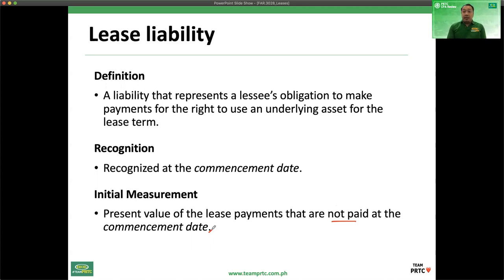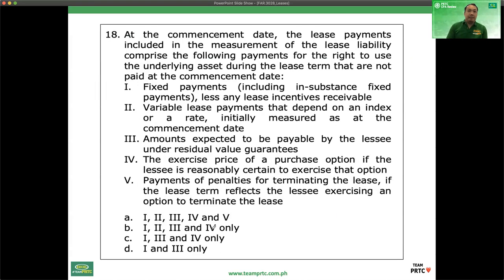Okay. In particular, ano yung kasama sa lease payments na yan? So that's number 18. At the commencement date, the lease payments included in the measurement of the lease liability comprise the following payments for the right to use the underlying asset during the lease term that are not paid at commencement date. Again, ang liability hindi pa paid. Okay? So, anong kasama dyan?